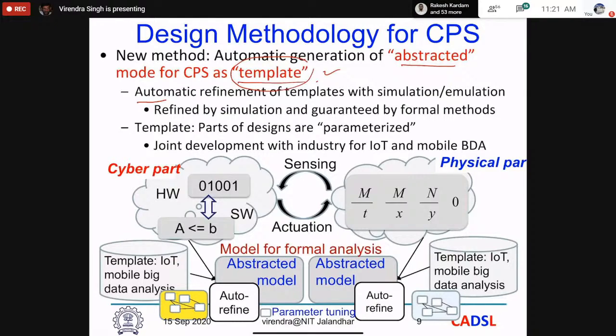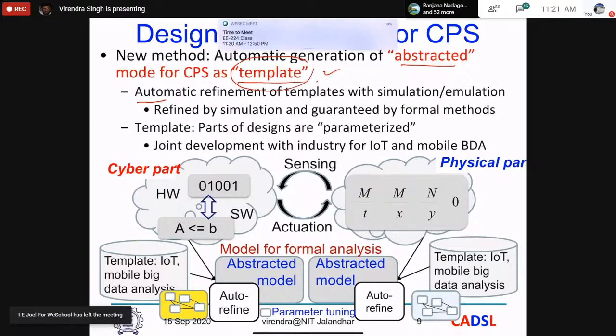So we refine these templates with the simulation or emulation trace that we can get out of this. So we refine the abstracted templates by simulation or emulation, and we guarantee that it is correct through the formal methods. So it's like here the combination of simulation or emulation and formal methods.